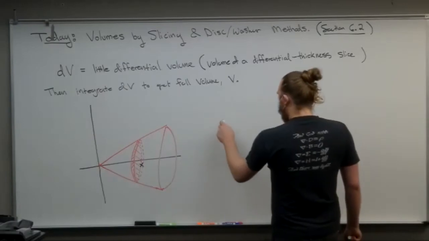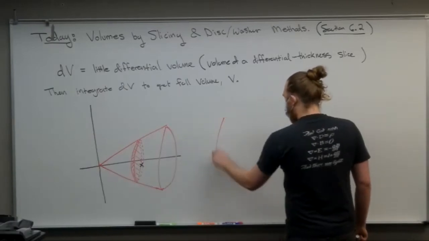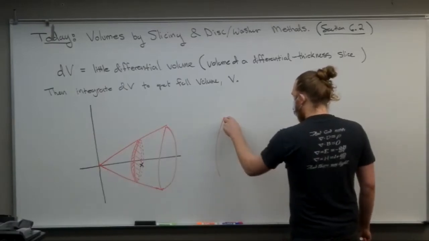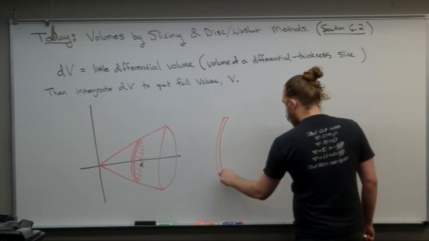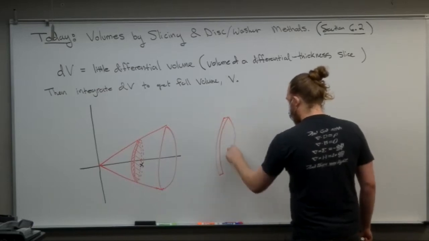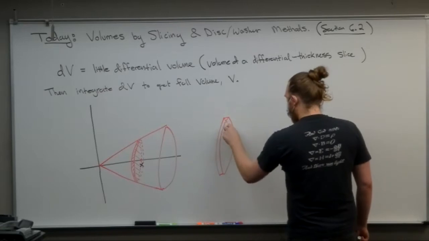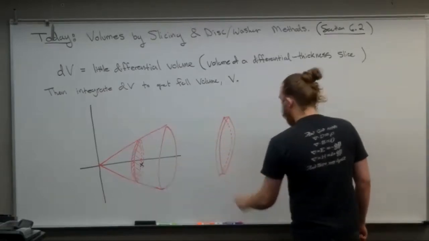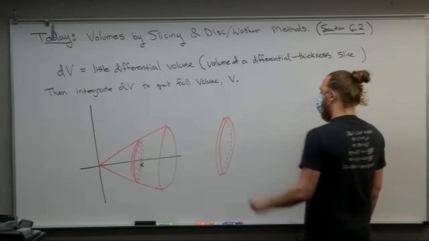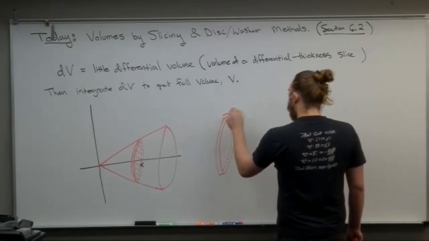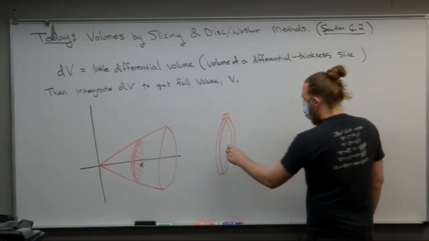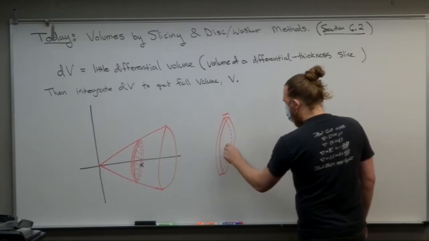The volume of that little slice, which I will usually draw off to the side somewhere, is what I'll call dV. It has a little thickness, and in this case, it has a little radius.